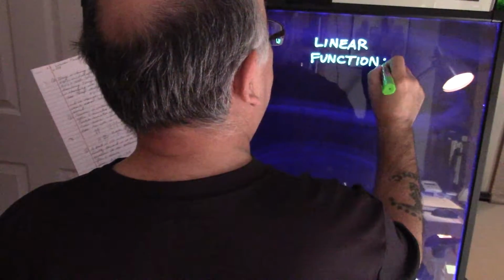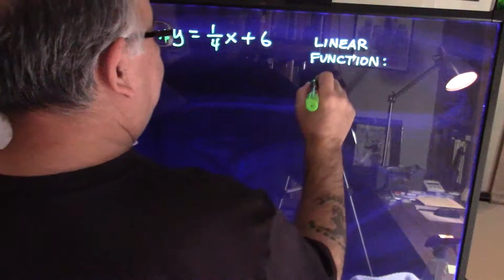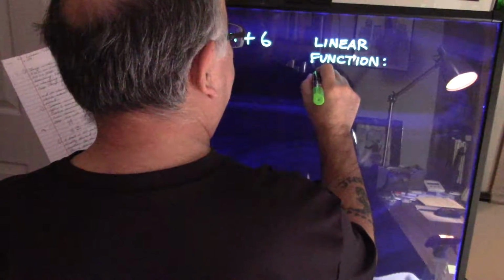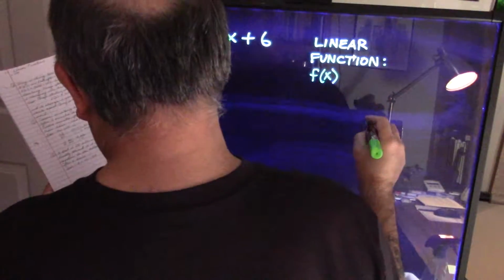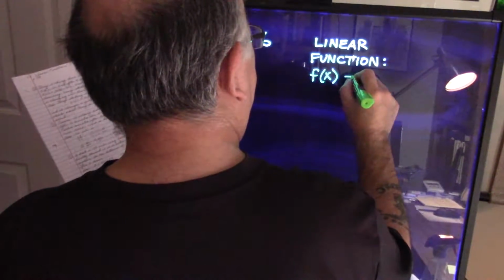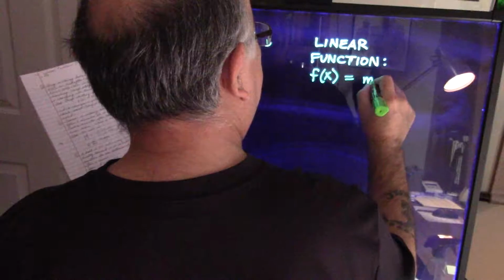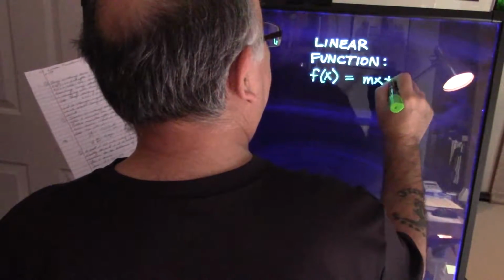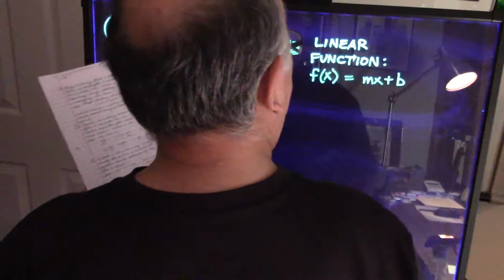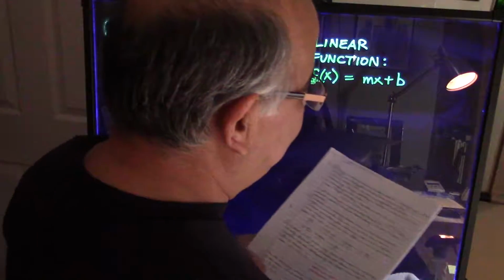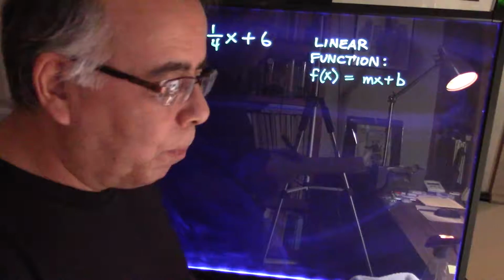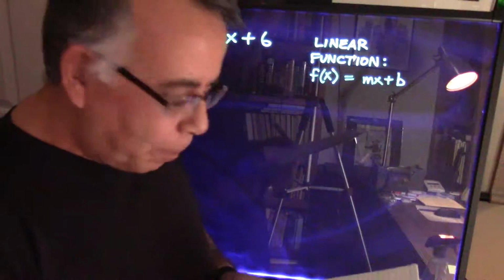It has to fit into this format. Some function f of x equals mx plus b. Remember, y equals mx plus b, that's the slope-intercept form of a line. Same idea here.